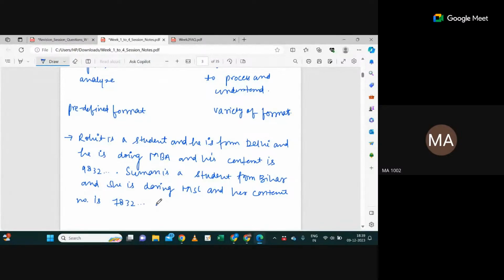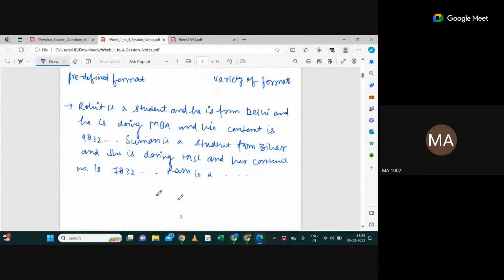Similarly, suppose I'm saying Ram is a student, and same information, he is from, let's say, Chandigarh or Punjab or Haryana, and he is doing, let's say, BSc, and his contact number is something like that.